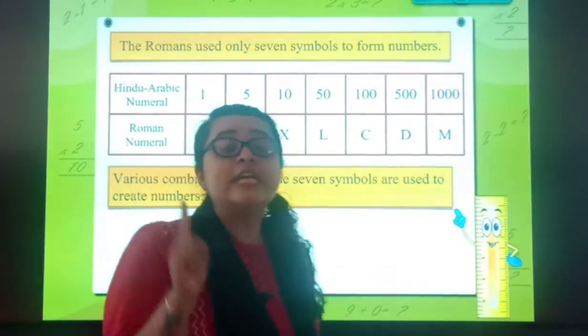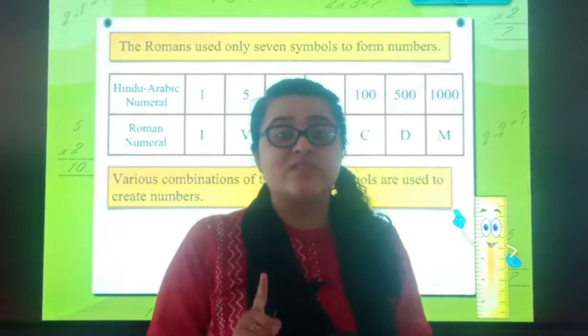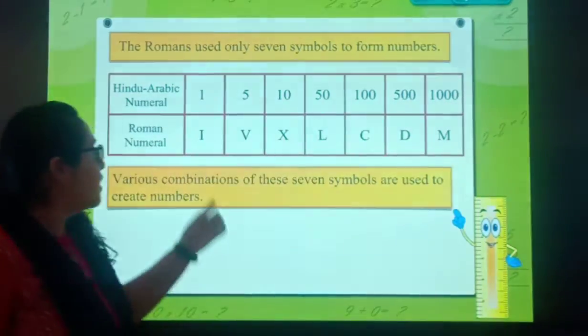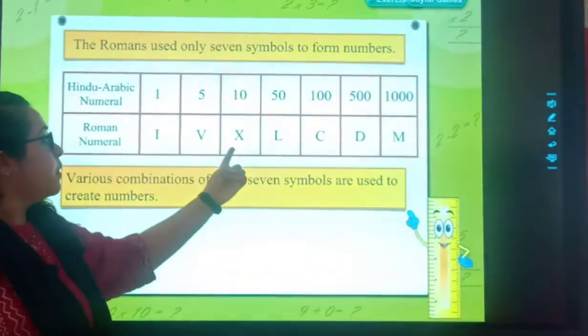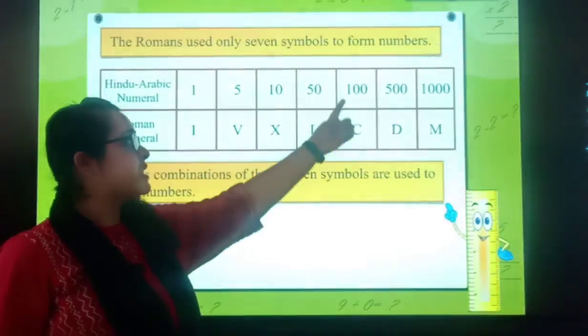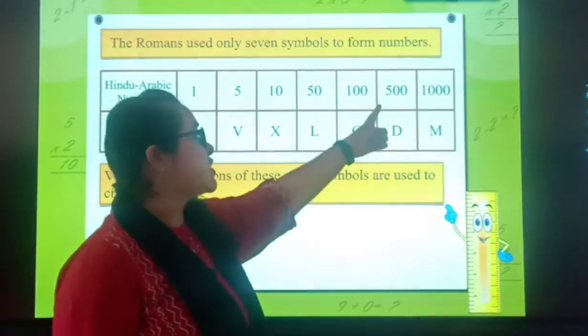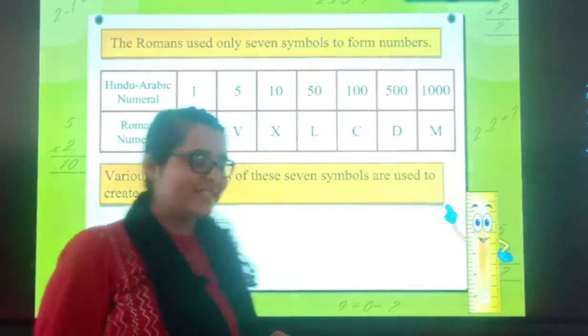You need to remember this table. Then only you are able to solve the exercise 7. Okay? See, I stands for 1, V stands for 5, X stands for 10, L stands for 50, C stands for 100, D stands for 500 and M stands for 1000. Okay?